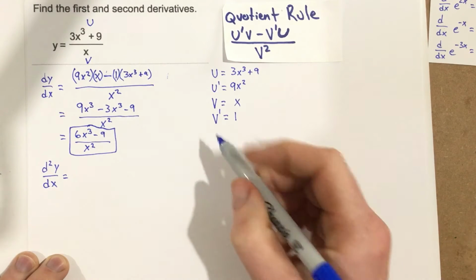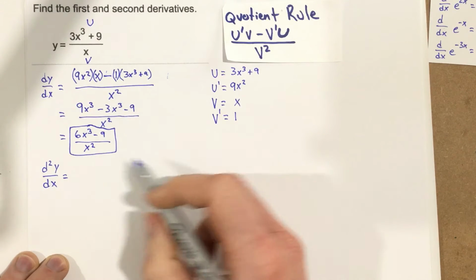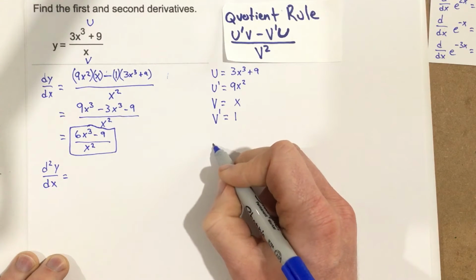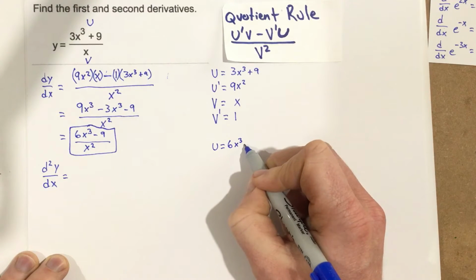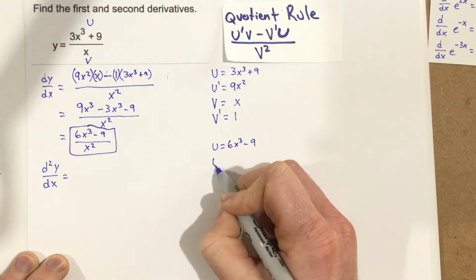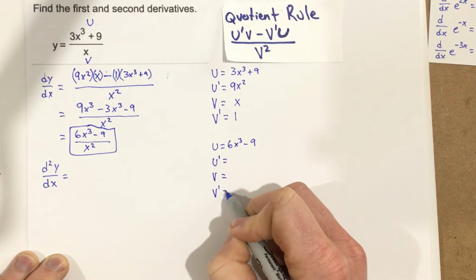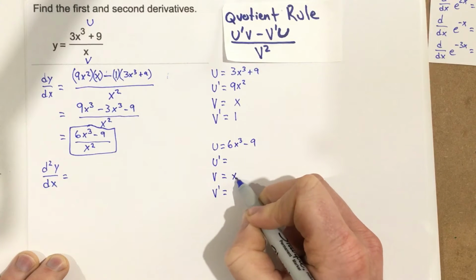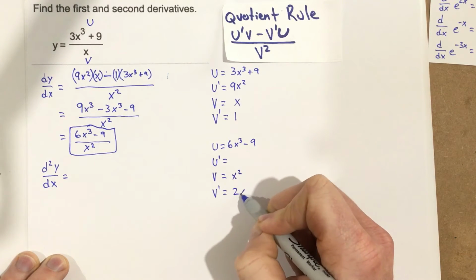We need some practice. So we're going to use the quotient rule, and I'll actually show you the second part as well. We're going to use u being 6x cubed minus 9, u prime, v prime. So v is x squared. Derivative of this is 2x.